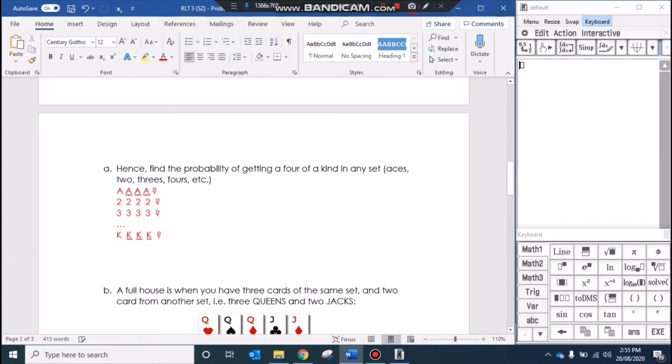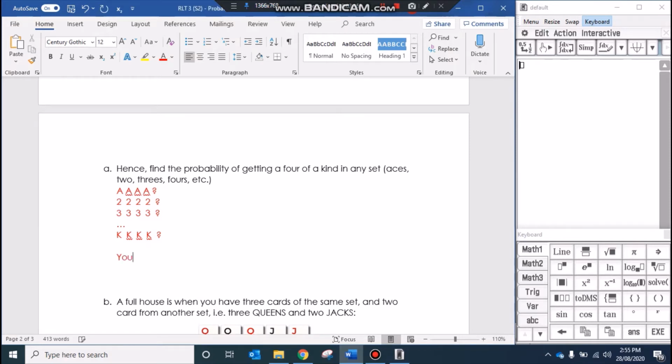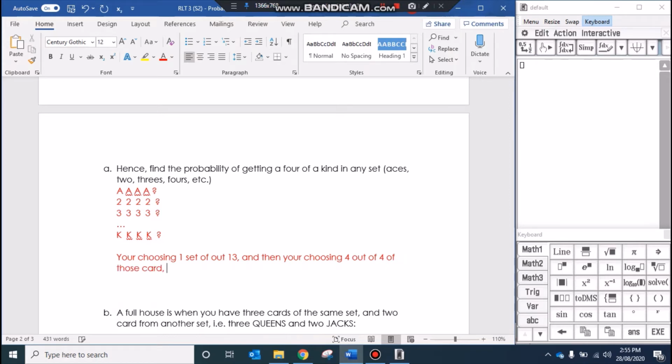Another way to think of it is you're choosing a set, one set out of 13, and then you're choosing 4 out of 4 of those cards, and one other card. That's what we're doing here.